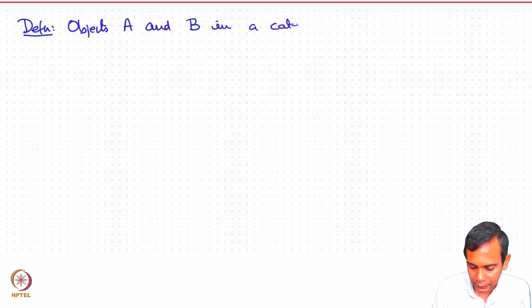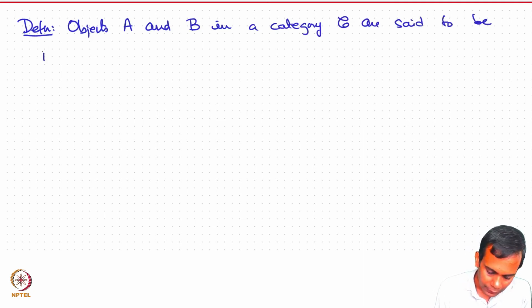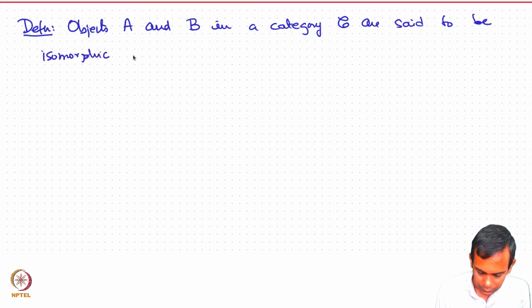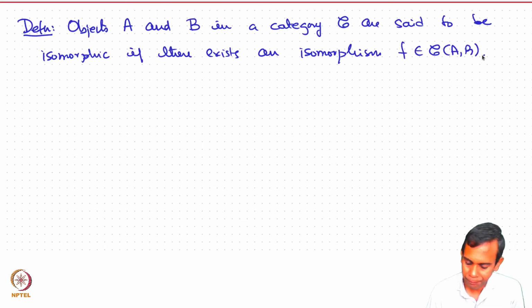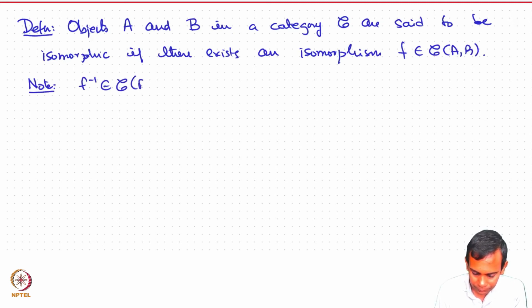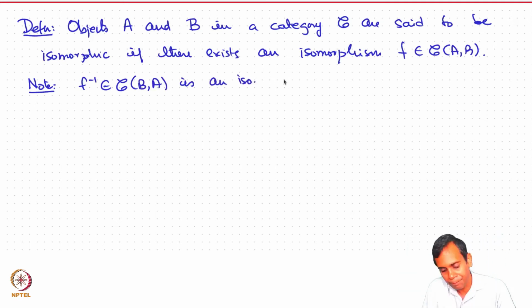Two objects A and B in a category C are said to be isomorphic if there exists an isomorphism f from A to B. And note that f inverse then is an isomorphism from B to A. So this is a symmetric relationship.